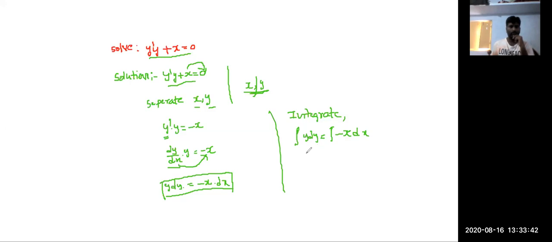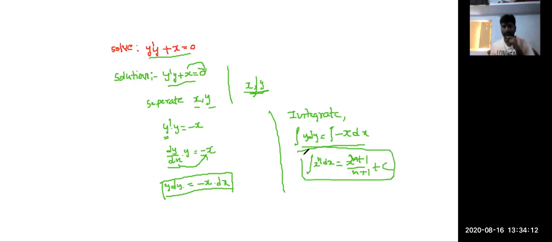Now how to integrate this equation? Is any standard formula there? Yes, there is a standard formula: integral of x power n dx equals x power n plus 1 by n plus 1, plus c. So this is the standard formula that can be applied here.